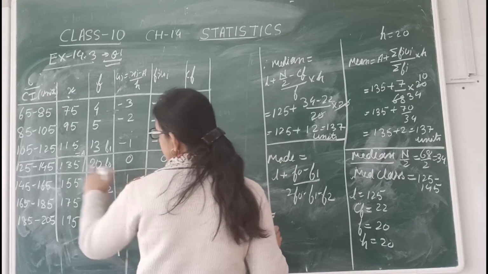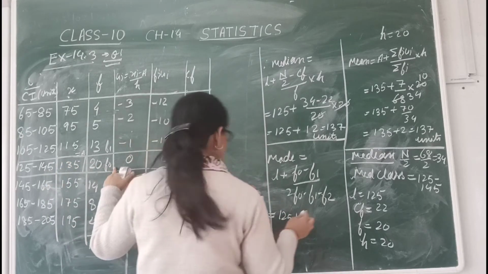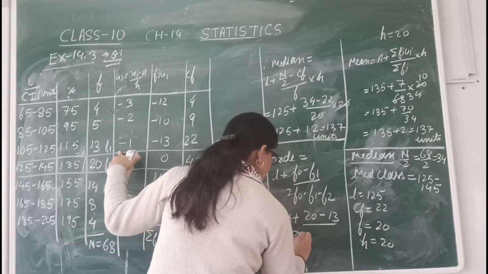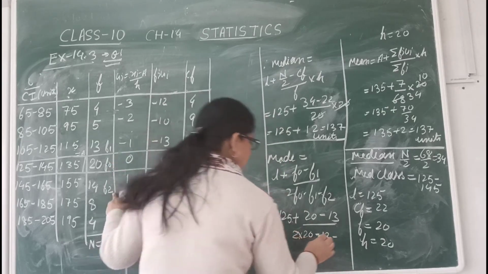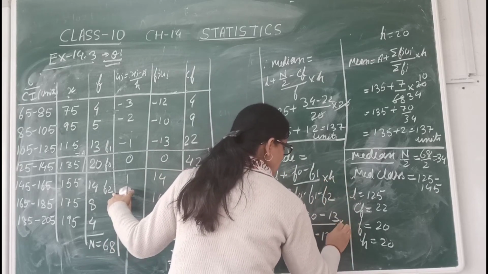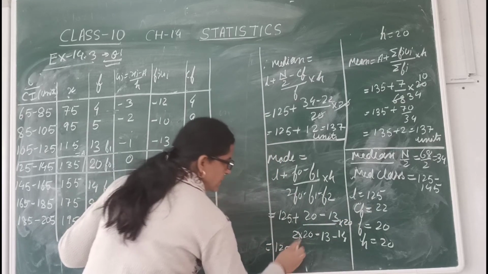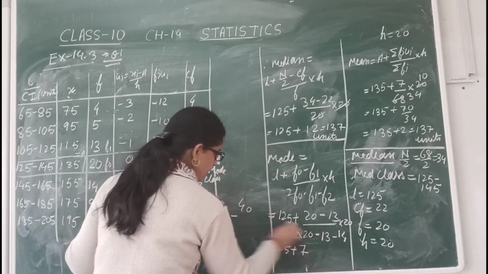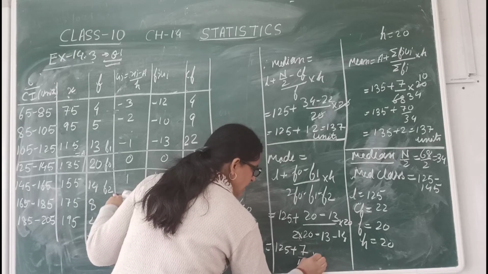Now L value is 125 plus F0 is 30 minus F1 is 20 by twice into 30 minus 20 minus 14, into H into 20. So this will be equal to 125 plus 10 by 26 into 20.